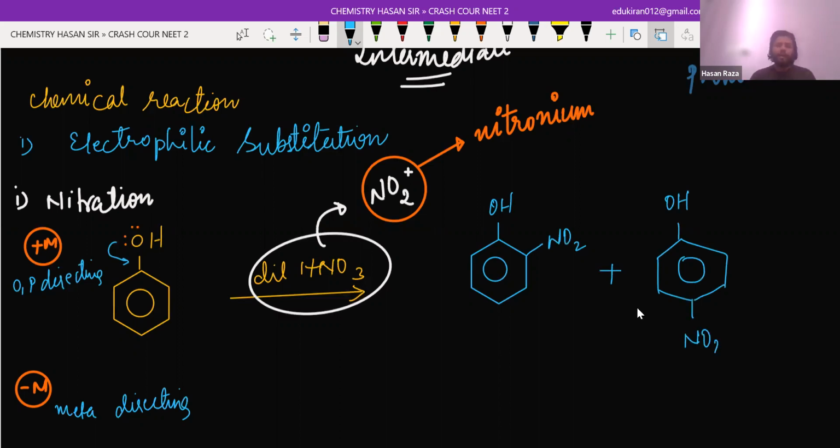So this electrophile, which is having deficiency of electrons, will be attacking at that place which is having more electrons. Since plus M is ortho and para directing, that means ortho and para will have rich electron density. That's why it attacks on ortho and para.